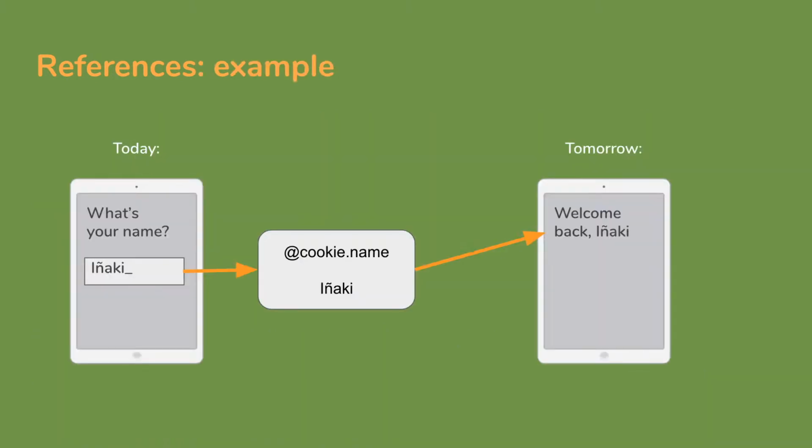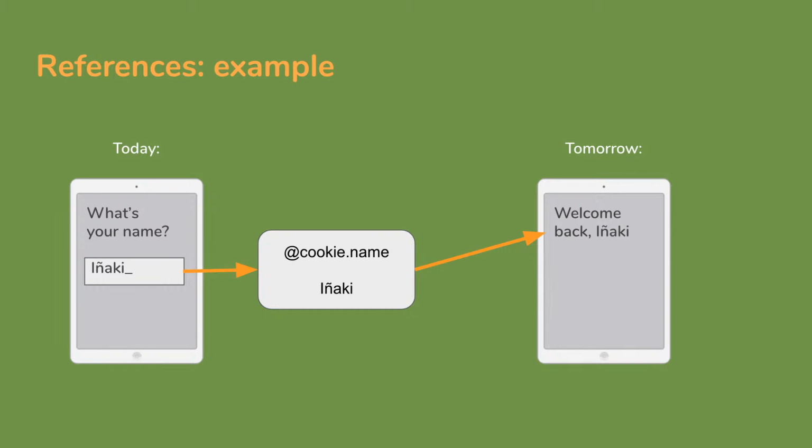Okay, so for finishing this theory part of the webinar, let me give you just one example of what I was saying about the references. Imagine this app where we are asking today the name of the user. So the user can use an input text component. He can enter the name.